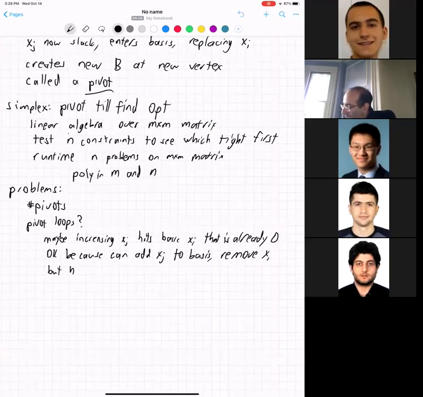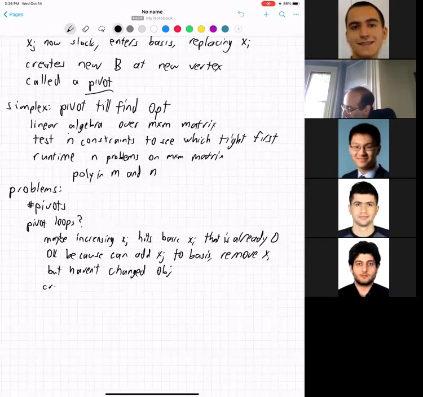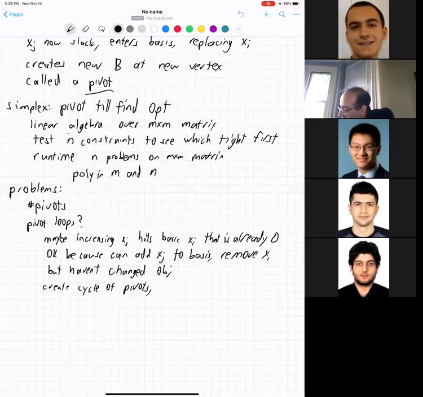We haven't changed the objective. And so now maybe our next pivot has the same problem. It can again swap something into the basis without changing the objective function. Basically, we can perform this whole series of swaps that never change the objective function. Okay. So we can create a cycle of pivots that never ends, that never improves things.